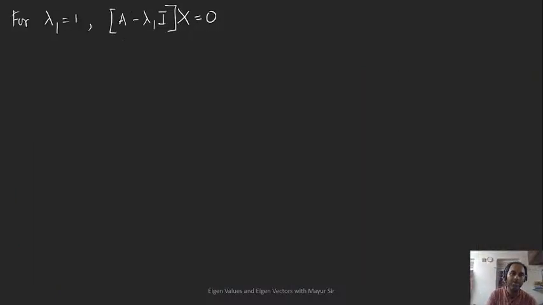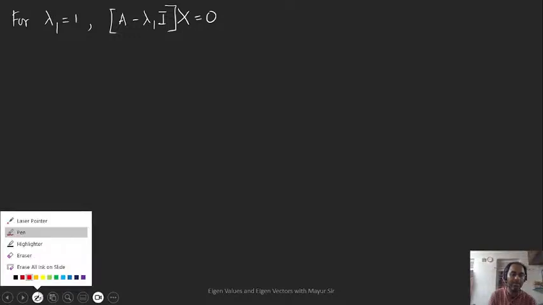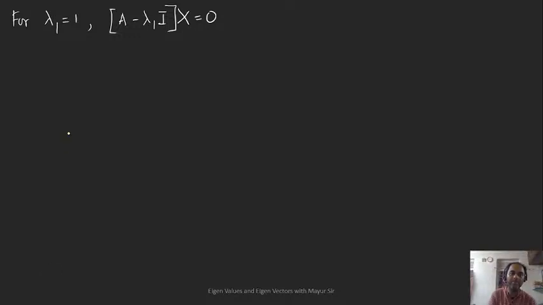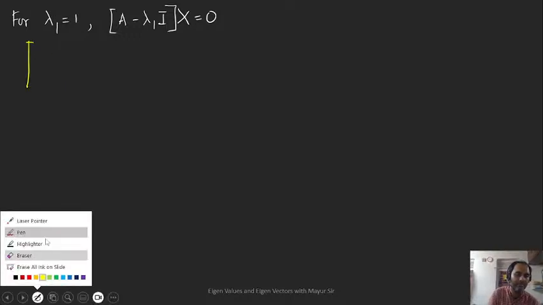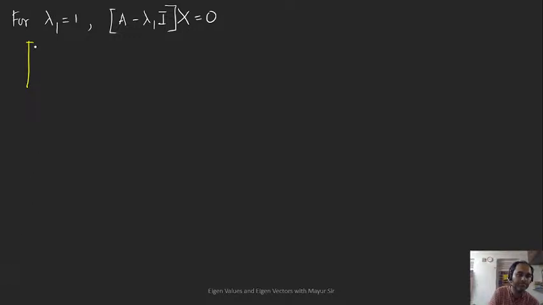So what do we use? We use the method taught in previous semesters during rank. First, we write A minus lambda I. The matrix we get is A minus I into capital X equal to 0.